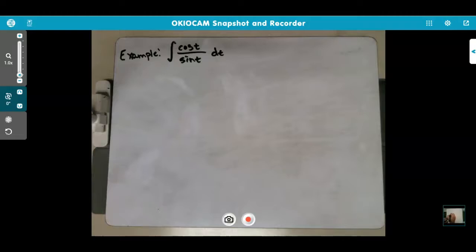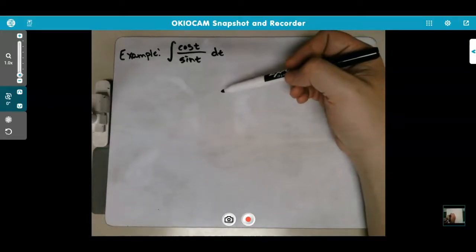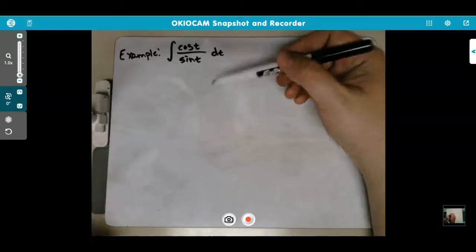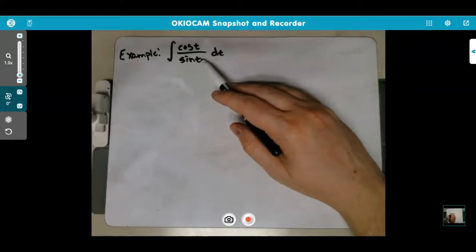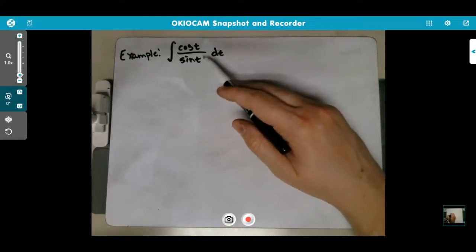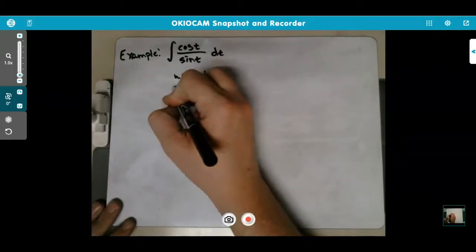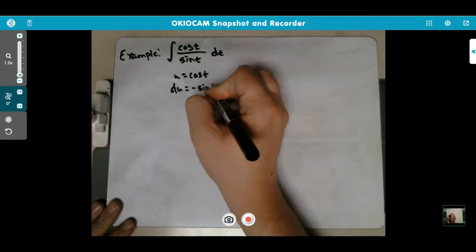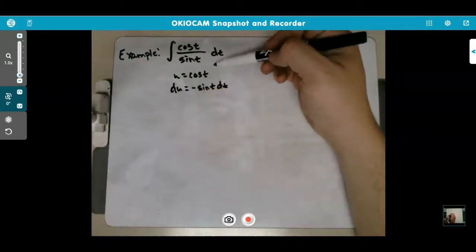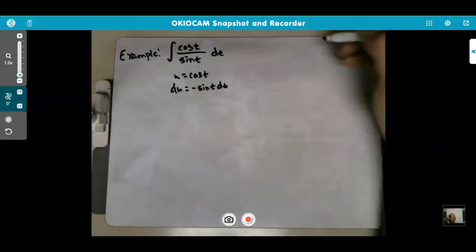So for this one, I might just have to think it through. If I let u be equal to cosine, then du would be equal to negative sine t dt, right? But notice here, sine t is in the denominator, which means I'm doing dt divided by sine of t. If I let u be equal to cosine, du would be negative sine times dt. So that wouldn't work then because I am dividing it. So that doesn't quite work out.